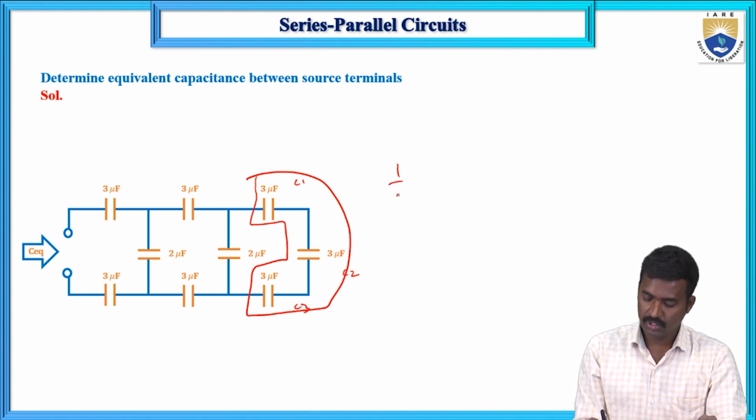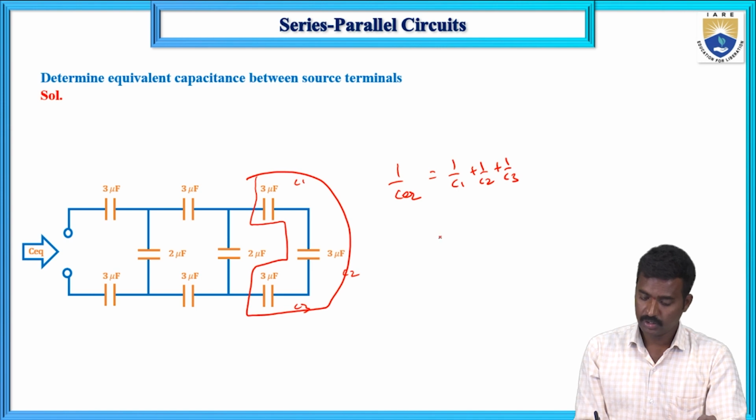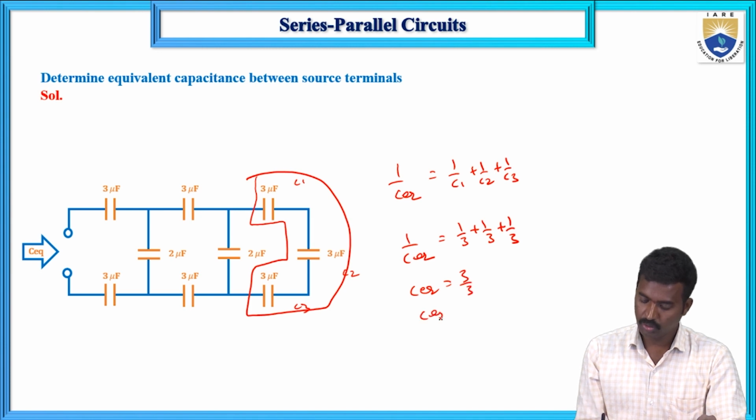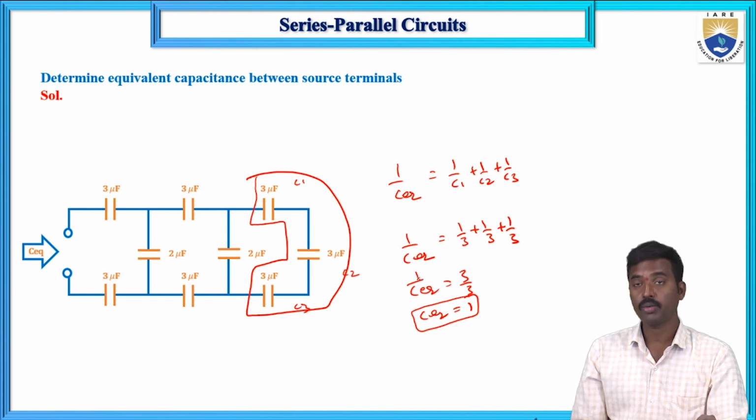For series capacitors, 1 by C equivalent equals 1 by C1 plus 1 by C2 plus 1 by C3. So 1 by 3 plus 1 by 3 plus 1 by 3 gives 1 by C equivalent equals 3 by 3, which is 1 only. So C equivalent equals 1.